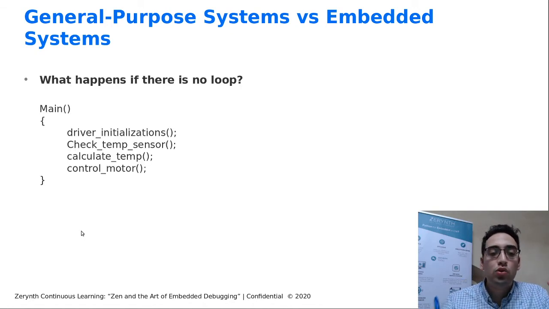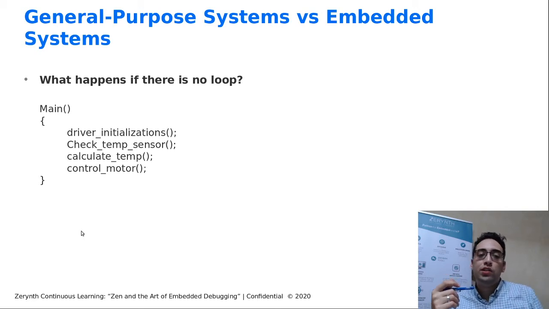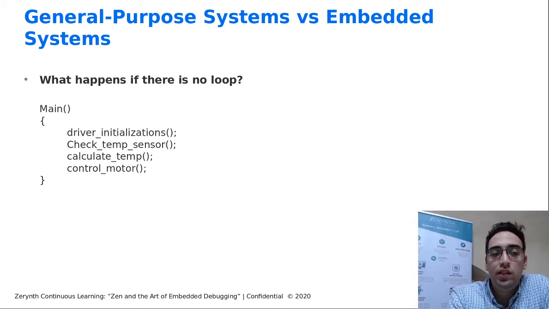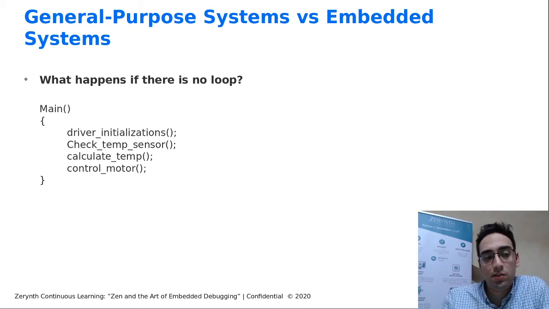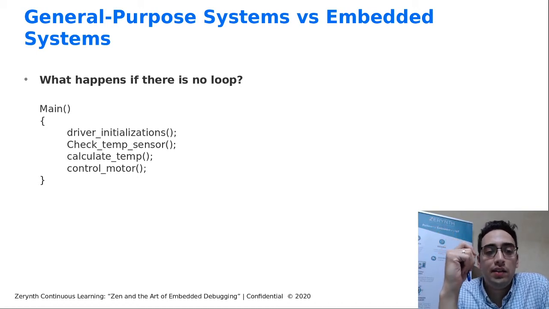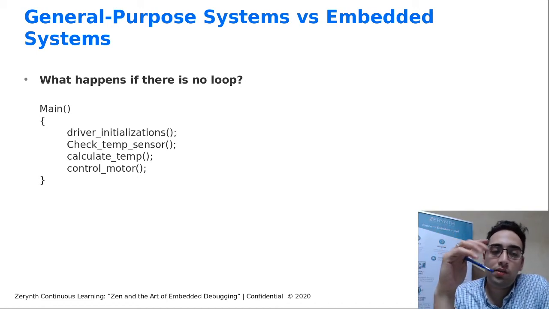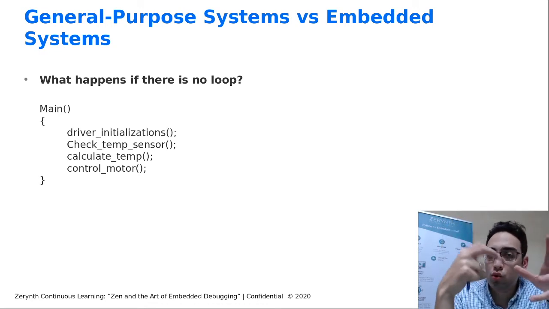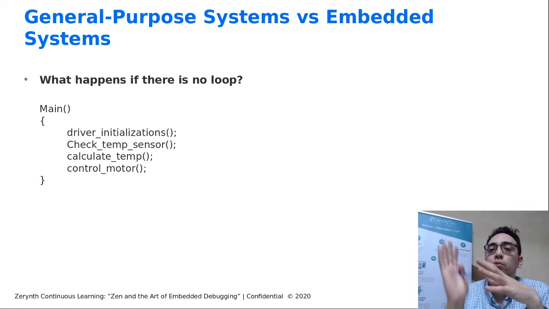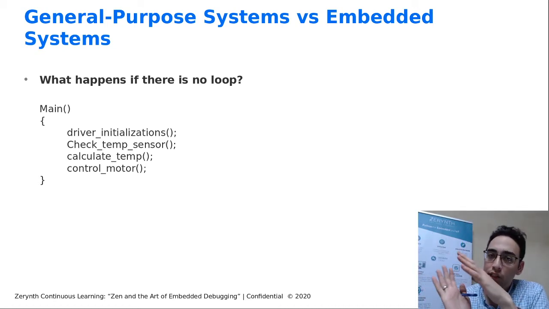It will run forever. So one might ask the question, what happens if there is no loop? What happens if essentially we just put the code like that? We initialize the drivers, we check the temperature sensor, and we calculate the temperature and control the motor, for instance. What happens is that the microcontroller typically will take the source code, compile the code, and then burn the code to the microcontroller and put it in a piece of memory called the flash.